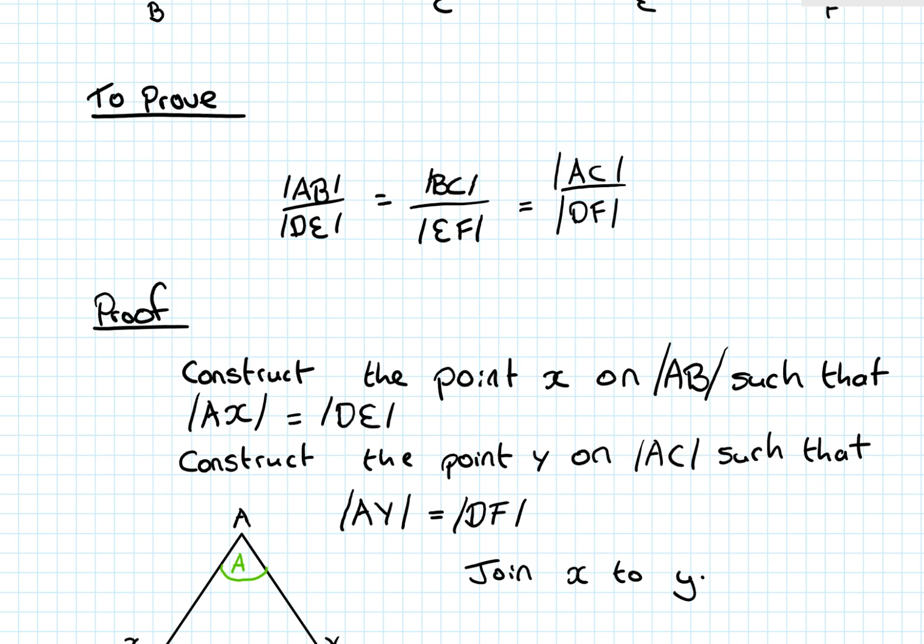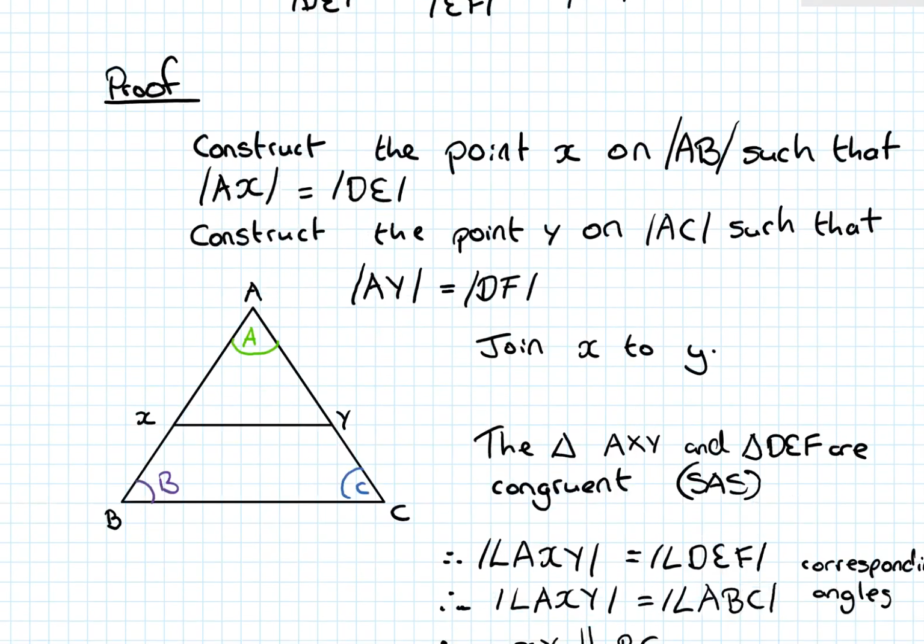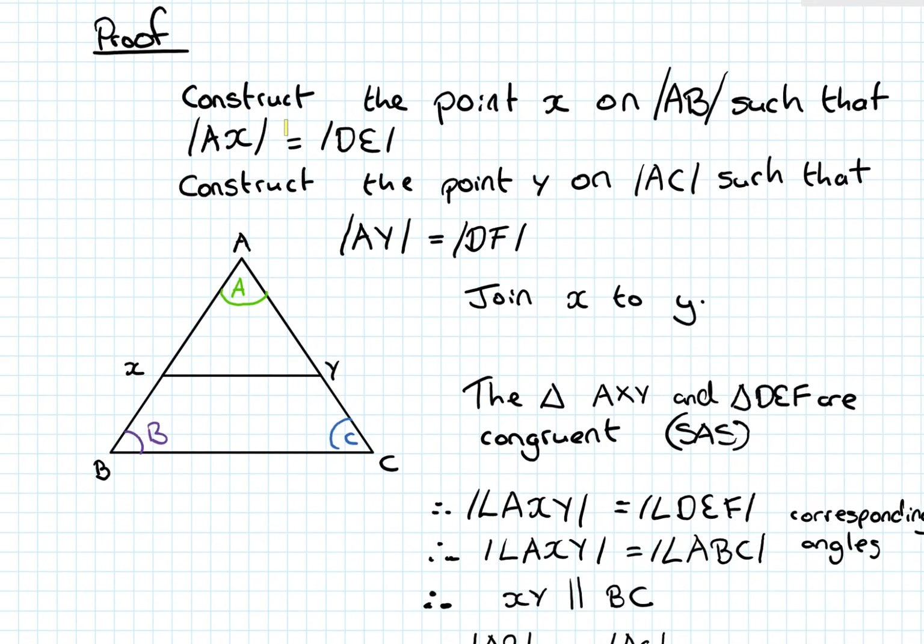So construct the point X on AB such that A to X, this length here, is equal to the length DE, or the length on the shorter triangle. And construct the point Y on AC such that this length, AY, was equal to the corresponding length on the smaller triangle. Join X to Y.